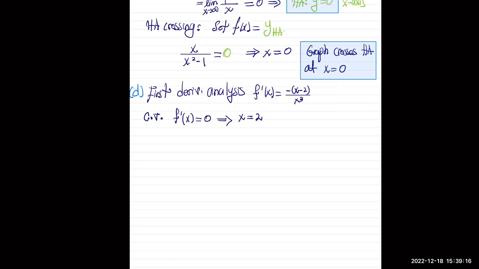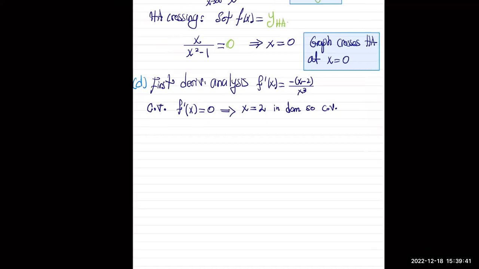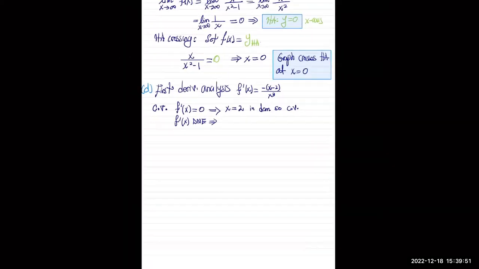So this is a critical value because it's in the domain. What does this mean? This means that at x of 2, the function can have a local max or a local min. That's all. All right, now we also set f prime to be undefined, to see when the derivative is undefined.